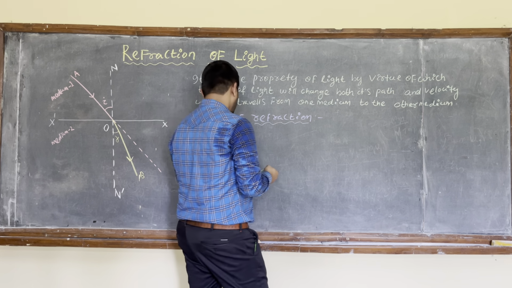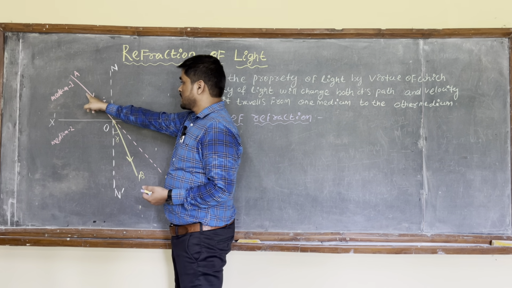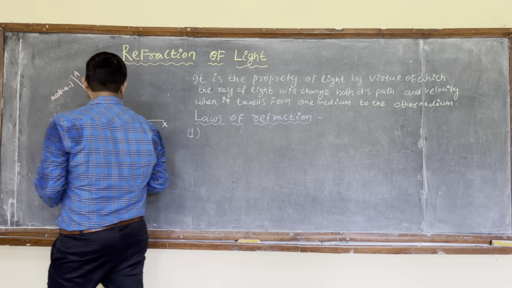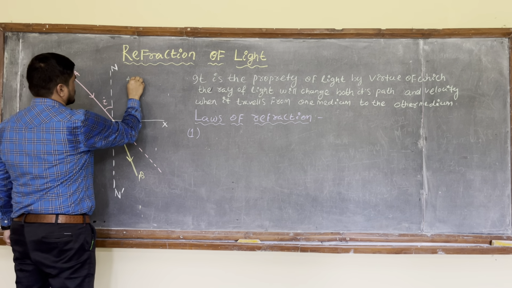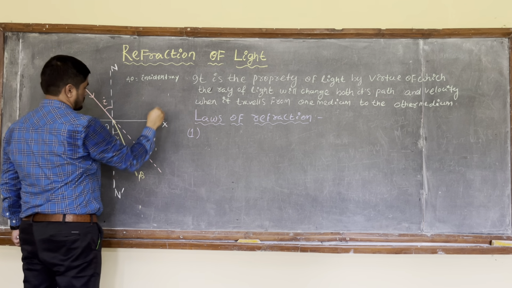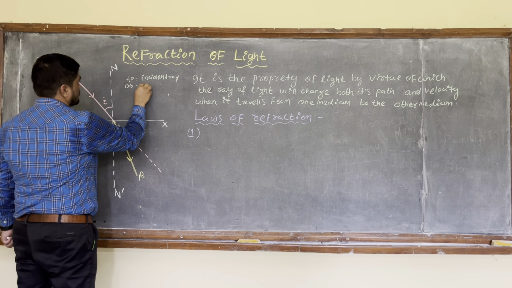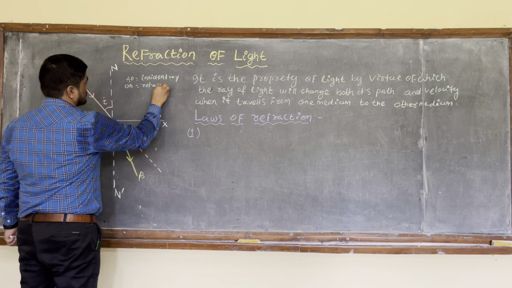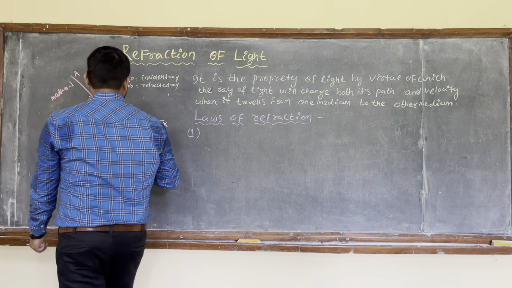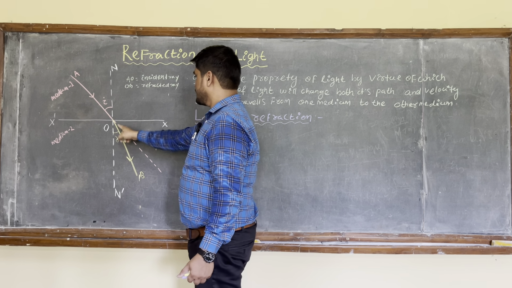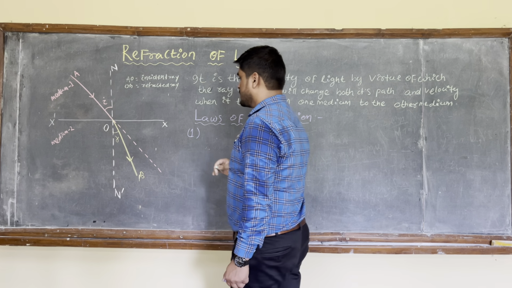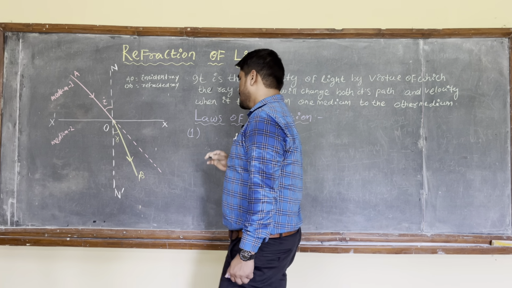The first law of refraction is: in the diagram you can see AO is the incident ray and OB is the refracted ray, and the incident ray, the refracted ray and the normal N N dash all lie in a single plane.